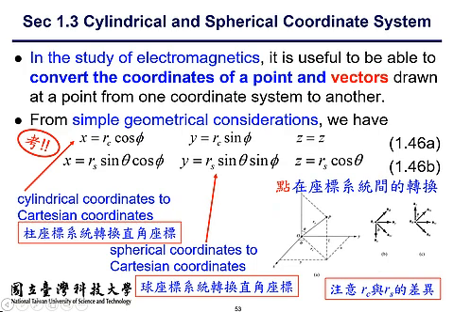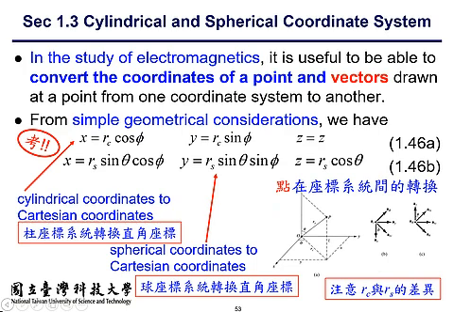So they both refer to the same point. However, one is expressed in the cylindrical coordinate system and the other is in the Cartesian coordinate system. All right.